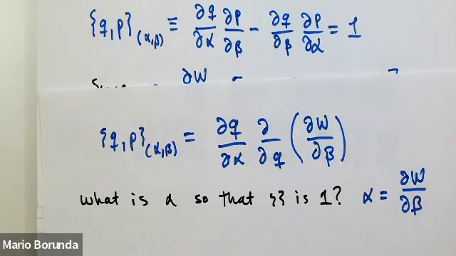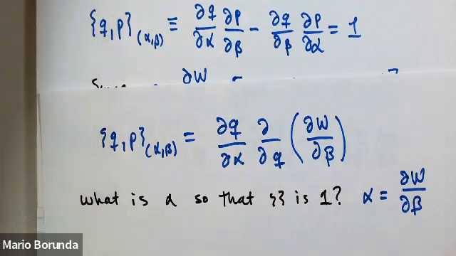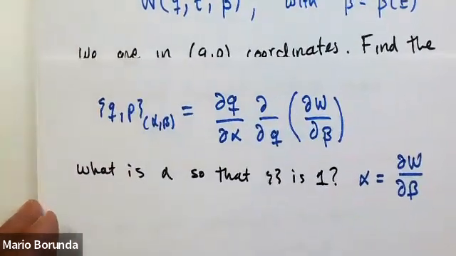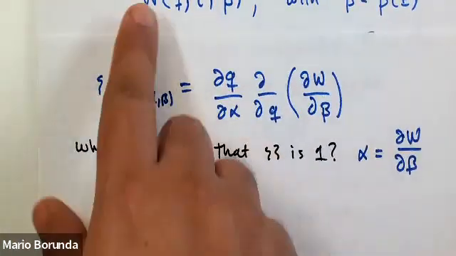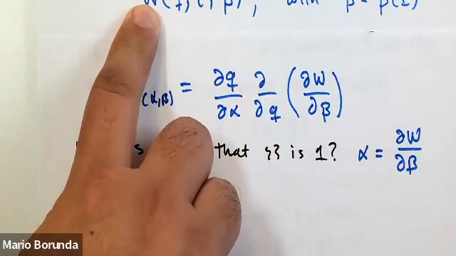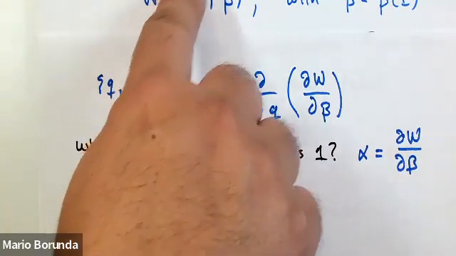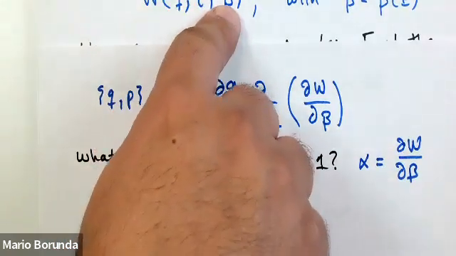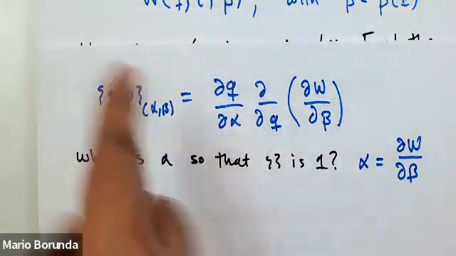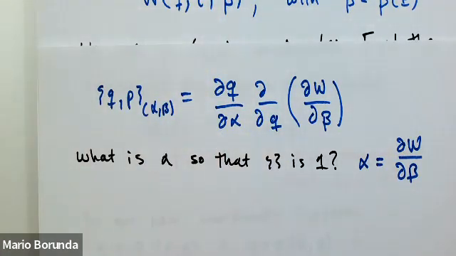So now that we have that, what do we have? We have a solution. We have this solution, the W, to the Hamilton-Jacobi equations that we had in Q and P. And now we have it also in alpha and beta. So we have W, the solution to the Hamilton-Jacobi equations in Q and P, and we also now have it in alpha and beta coordinates. So we have those two sets of coordinates.